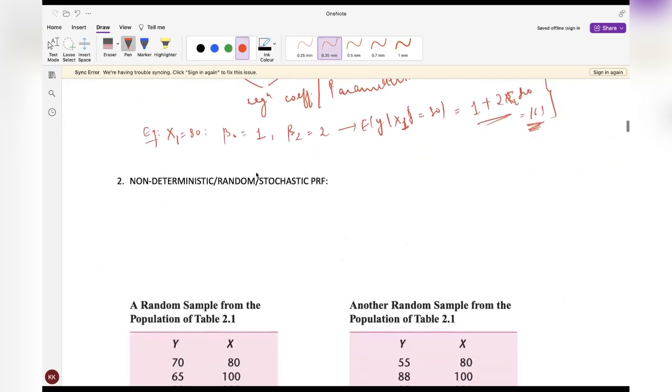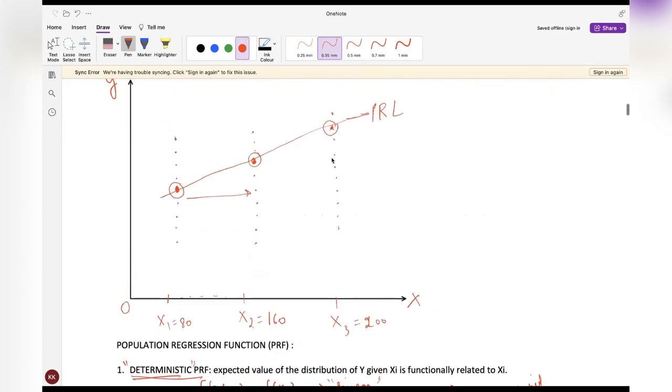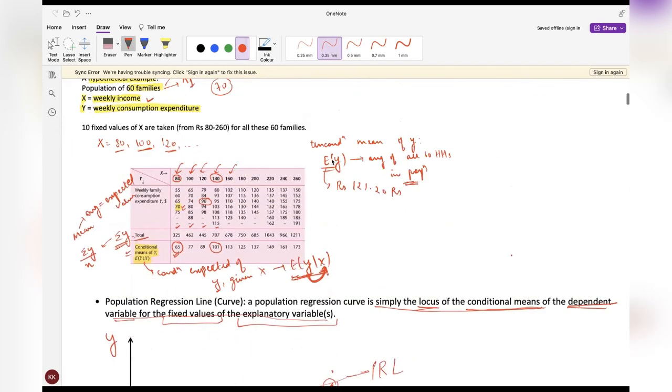Now let's move on to our second type of PRF, which is the non-deterministic, random or stochastic population regression function. To understand this, let's go back to our example, let's go back to this table.